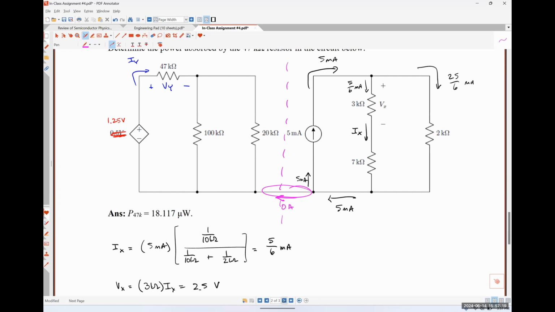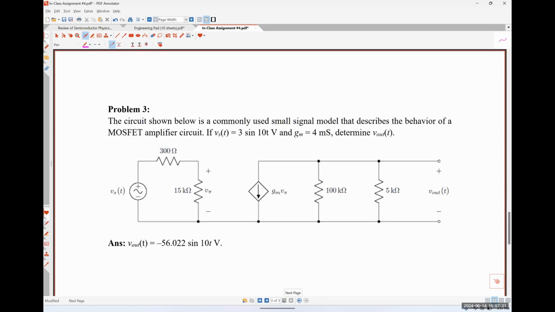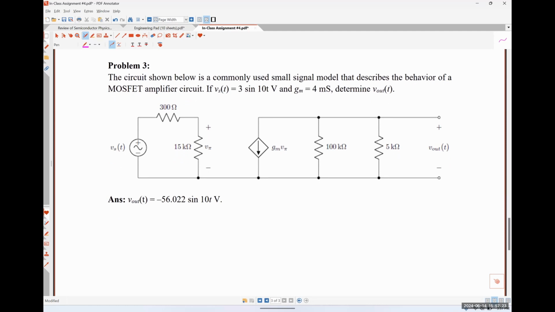All right, let's look at problem 3. Okay. So we have a similar situation. The circuit shown below is a small signal model for a MOSFET amplifier. If Vs is equal to 3 times sine of 10t volts and Gm is 4 millisiemens, we're asked to determine V out.